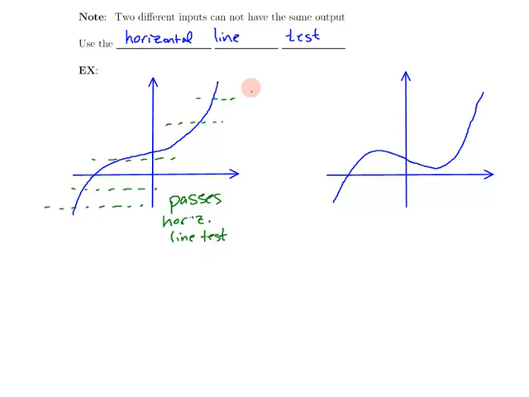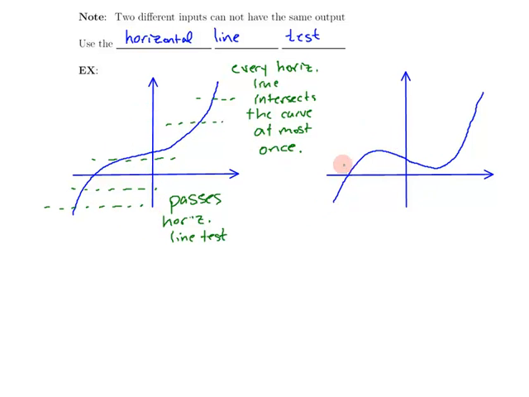Meaning, I should say it this way, every horizontal line intersects the curve at most once. It could not intersect it at all, say, a curve that doesn't cover the entire y-axis.